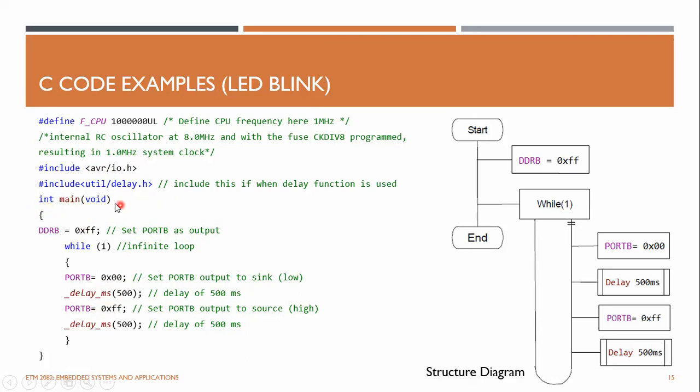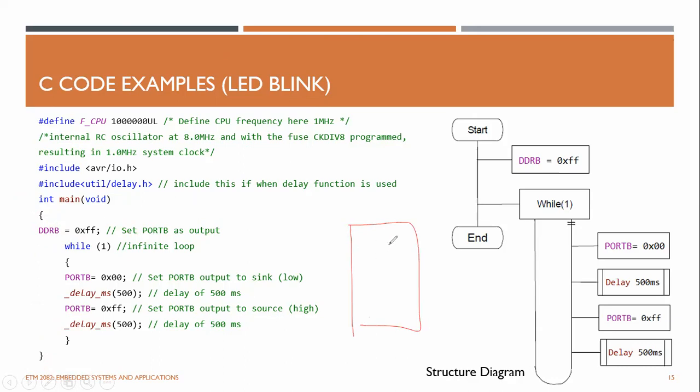And any code has a main function. This is int main(void), so it won't accept anything, but it returns an integer, though we are not using that integer part. This is your main function, and the first line should be defining your port. So I want to blink all these LEDs.